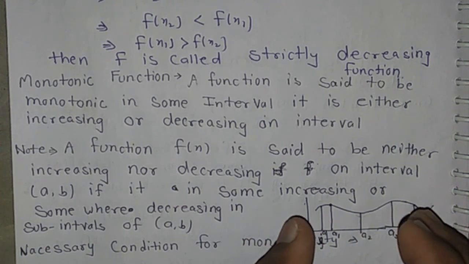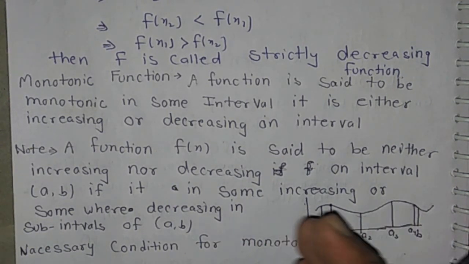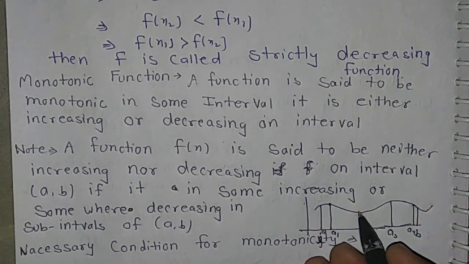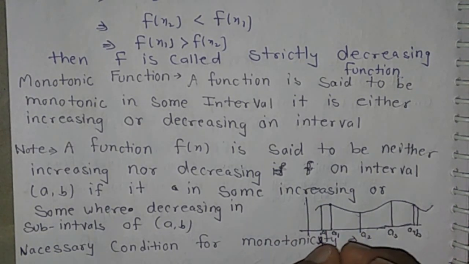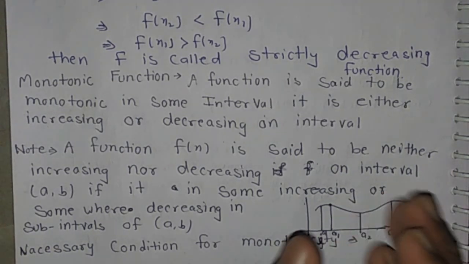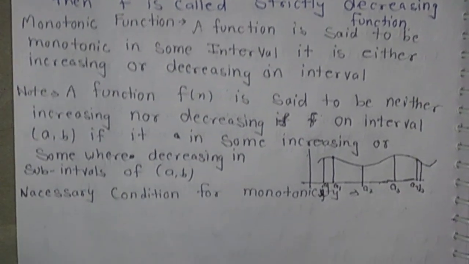Then the function is said to be neither increasing nor decreasing if it is somewhere increasing or somewhere decreasing in subintervals (a1, a2) or (a2, a3) or (a3, a4) of interval (a, b).